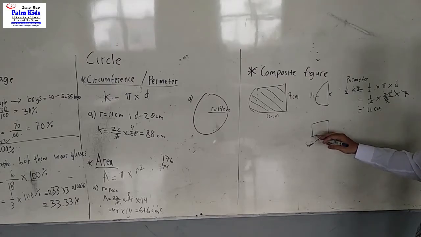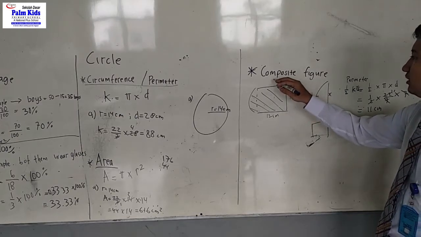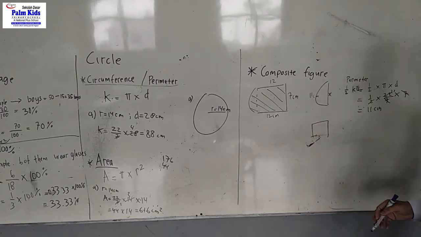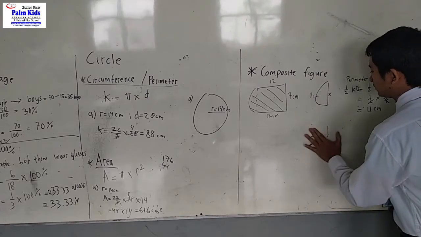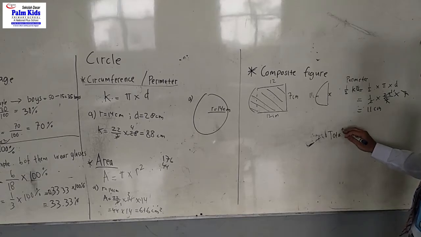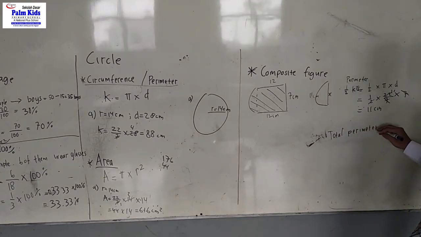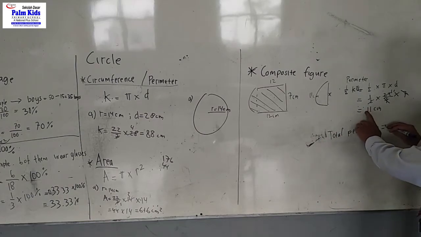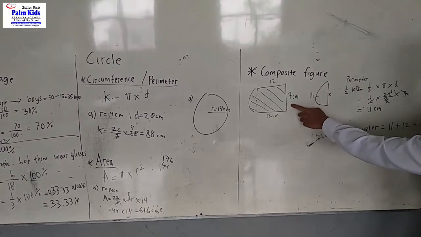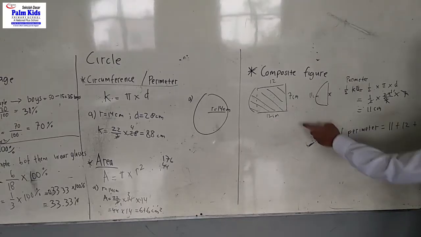All you need is 12, 7, and 12. Do we need this side? No need. So the total perimeter is half of circle 11, plus 12, plus 7, plus 12.